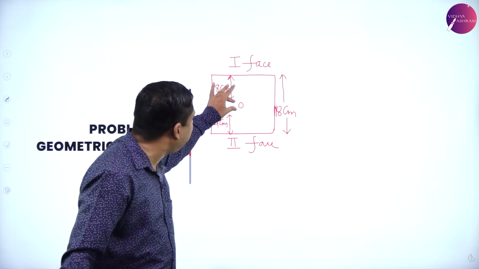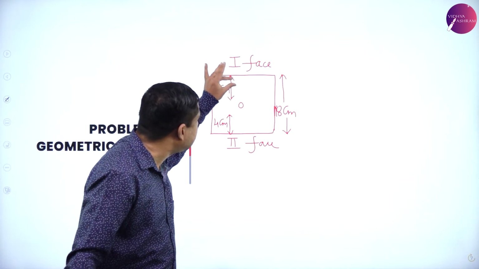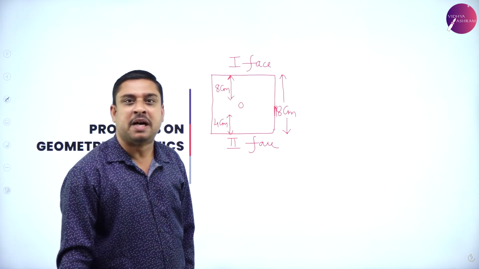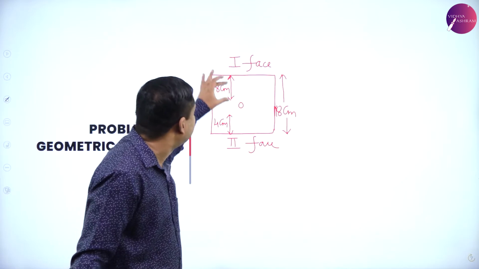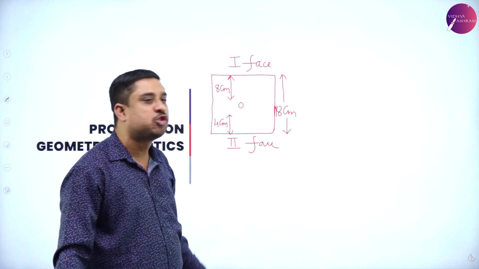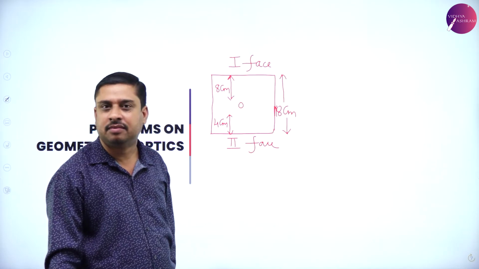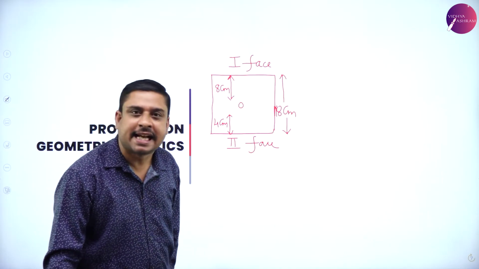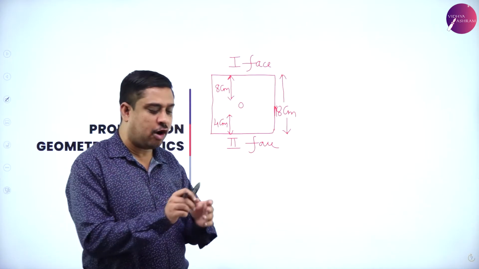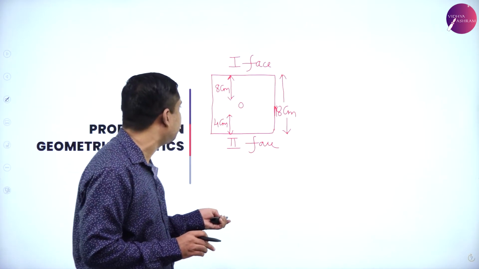The air bubble is present somewhere here. But from the first face, it is appearing at a distance of 8 centimeters. Second face, appearing at a distance of 4 centimeters.